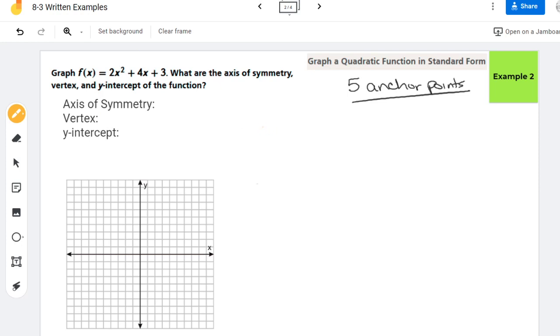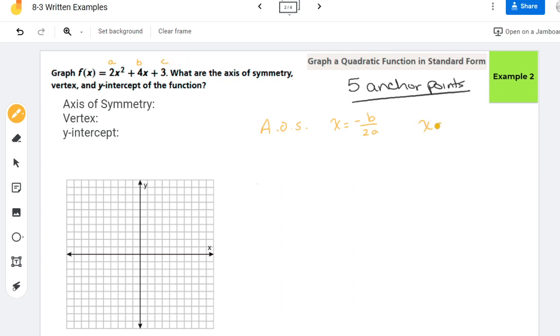The first thing I usually do is find my axis of symmetry and then use that to find my vertex. Remember, to find the axis of symmetry, I'm going to use the equation x equals negative b over 2a. In standard form, my a is 2, my b is 4, and my c is 3.